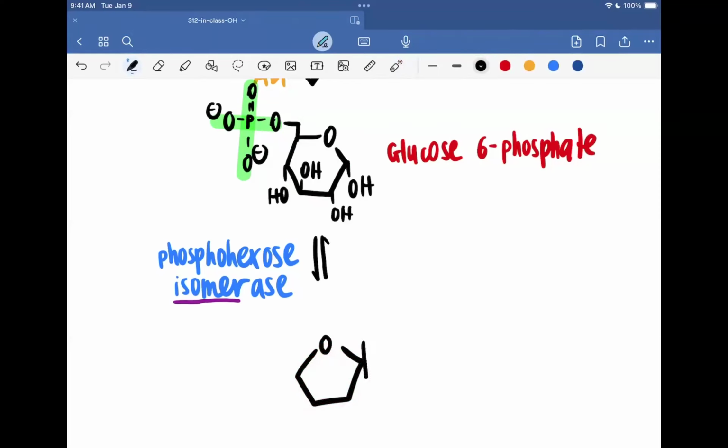The number of carbons, though, is going to stay the same, where now we have carbon 1 here. And the orientation of these substituents is also going to be maintained, where at carbon 2, we have the alcohol pointed down. So we're going to orient the alcohol at carbon 3 upward, carbon 4 is going downward, carbon 5 is attached to carbon 6, that is attached to our phosphoryl group.